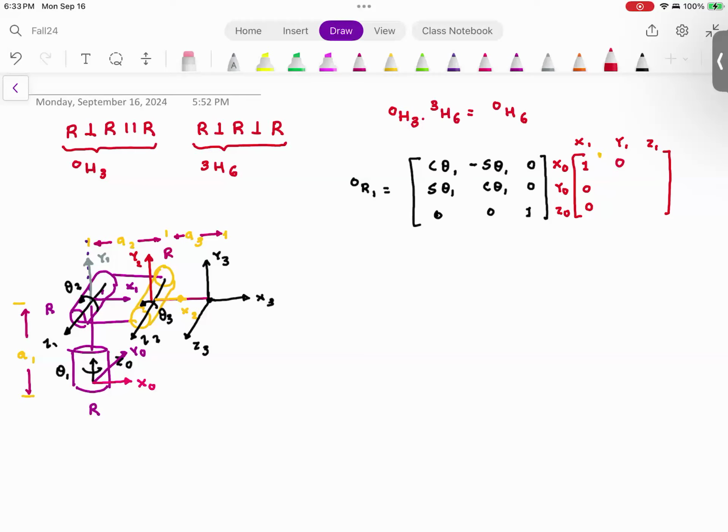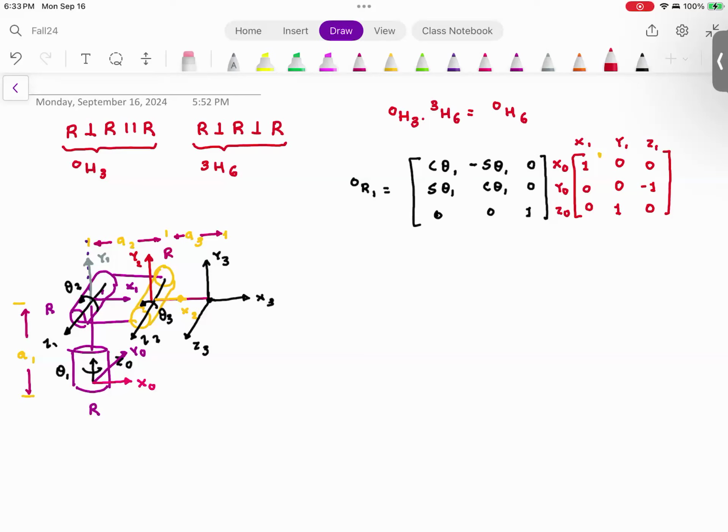So 0, 1, 0. No, no, sorry. Y1 is in the Z. Okay, you're right. Y1 is in the same direction as Z0. Z1 is in the direction of minus y0. Are you with me so far? Check this out. Y1 is going up, and that is aligned with Z0.